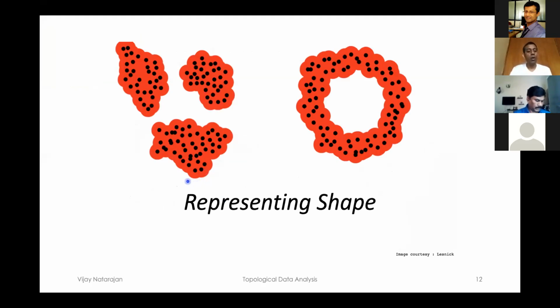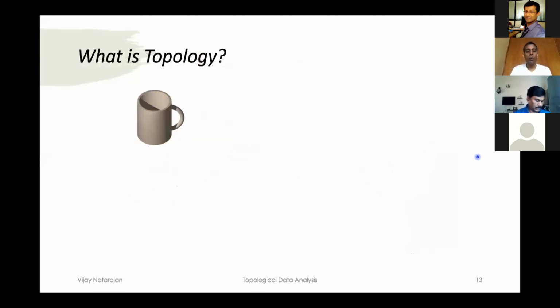Now the union of all these disks will give us a particular continuous shape, and that is what we would like to characterize.